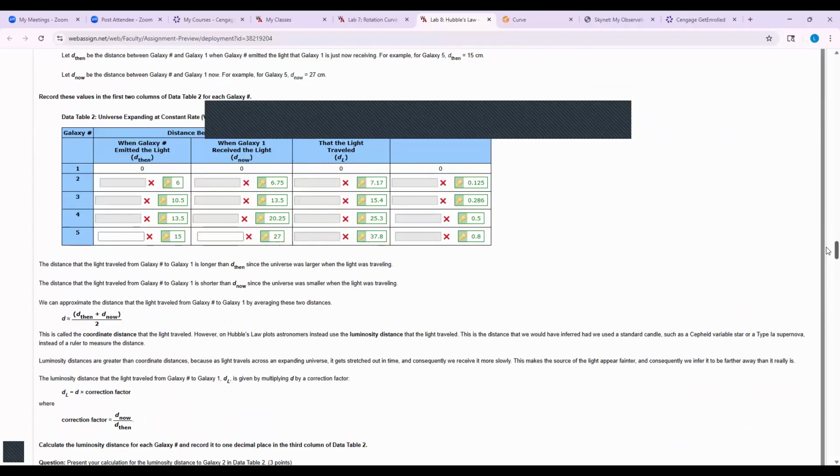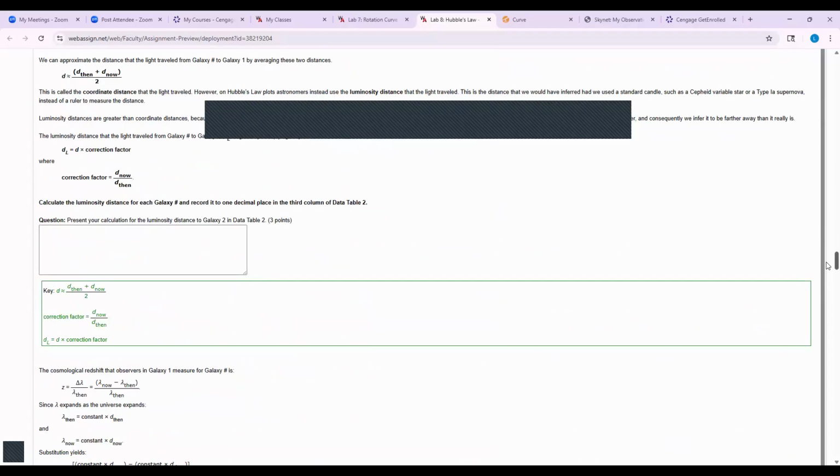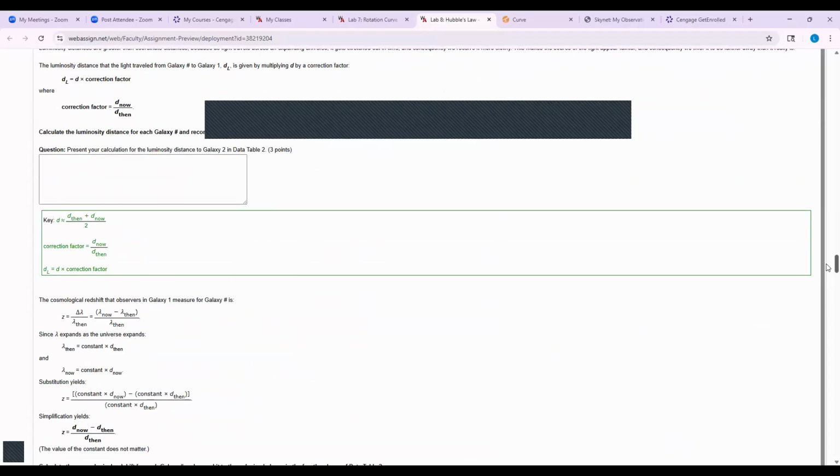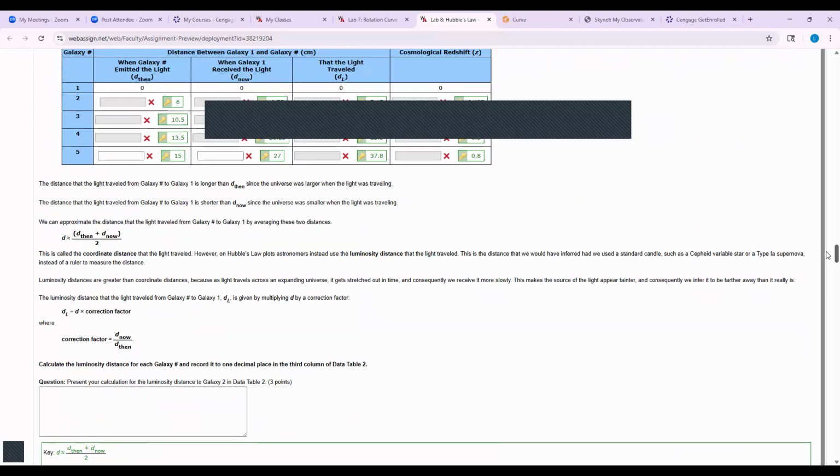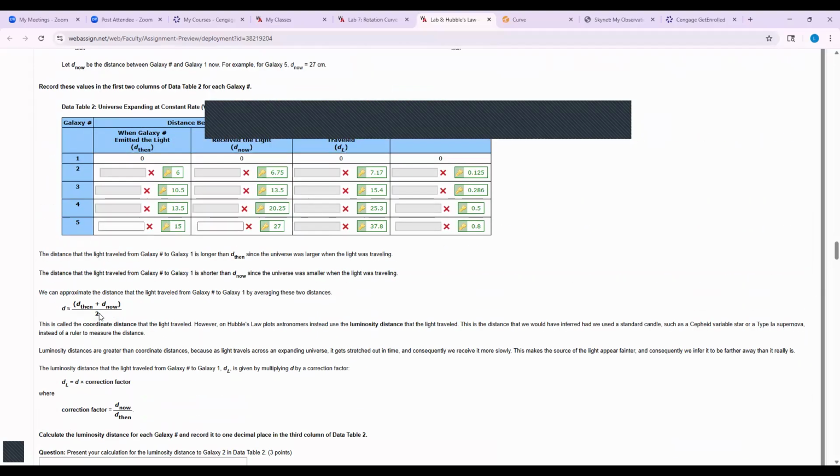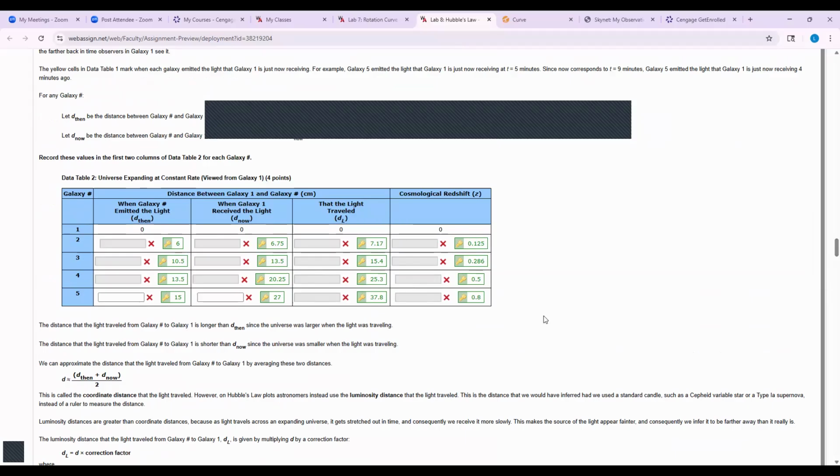How can we calculate the redshift? We have some formula provided here. What's the distance traveled by the light? Distance traveled by the light is always equal to the distance that we have times the correction factor. That correction factor, we call it the luminosity distance.